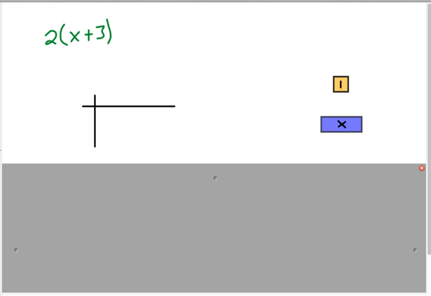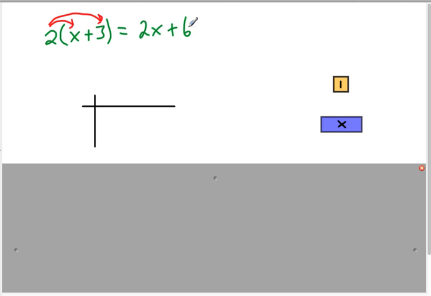But when we get to problems like 2 times x plus 3, we can't add x and 3, so we have to do the multiplication in a distributive property sort of way. And so we would multiply 2 times x and then 2 times 3, and we would get 2x plus 6.